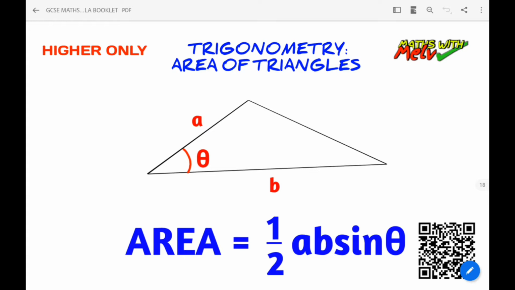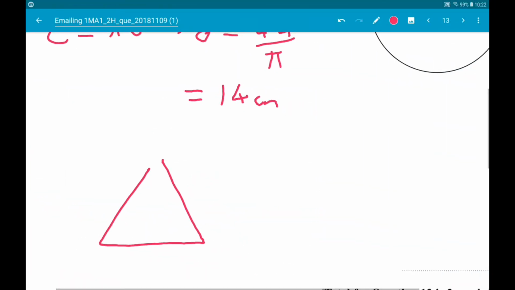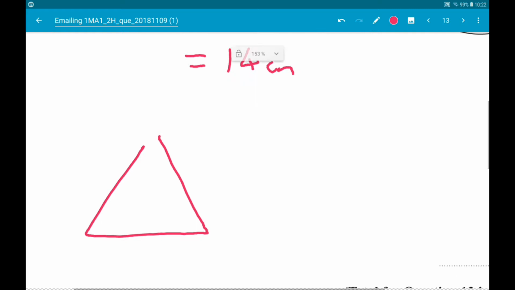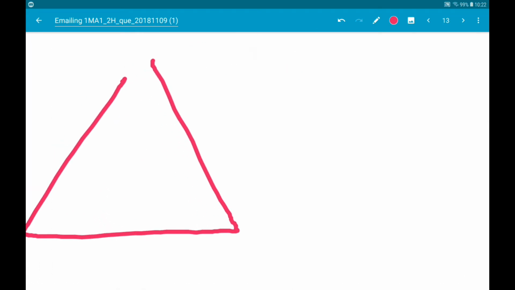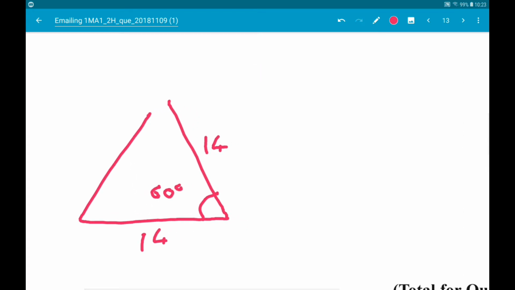So we know, given that we are in an equilateral, the angles are all 60 degrees. So we need an angle and the two sides coming out of that angle. They're both 14. So the area is 1/2 times 14 times 14 sine of 60.